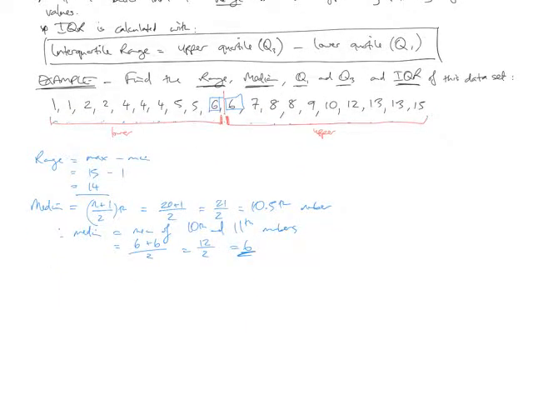So Q1, we're going to find the lower median. So there's 1, 2, 3, 4, 5, 6, 7, 8, 9, 10 numbers here. So the lower median is going to be between those two. So Q1 is going to be 4 plus 4 on 2, the mean of the two numbers that the median is between. It's going to be 8 on 2, it's going to be 4.